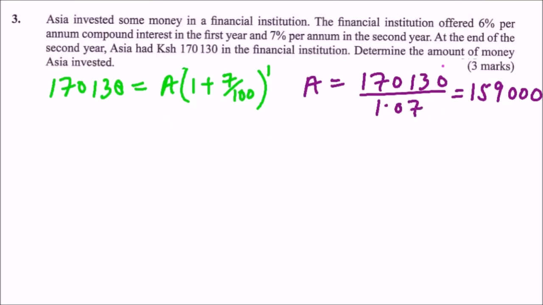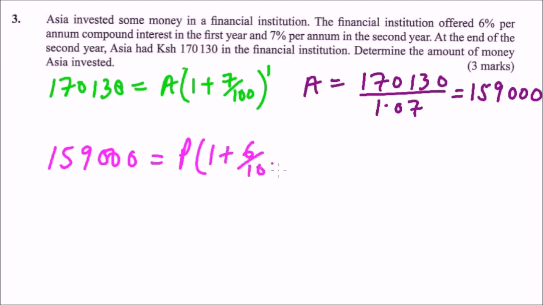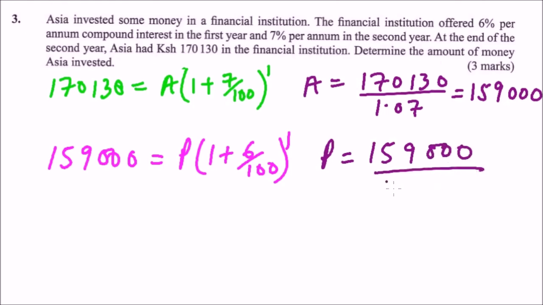That means in the first year the amount was 159,000, which is equal to the principal, the amount of money he had invested, times 1 plus 6 over 100 to power 1. Now to get our P, we divide 159,000 by 1.06 using your calculator.